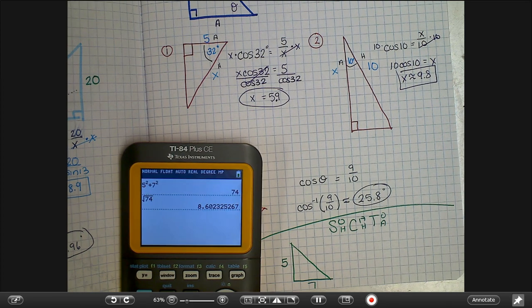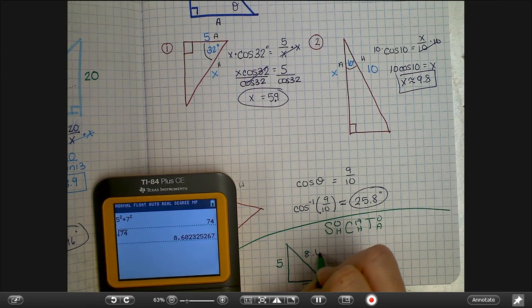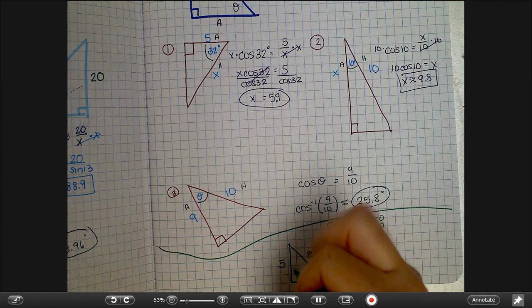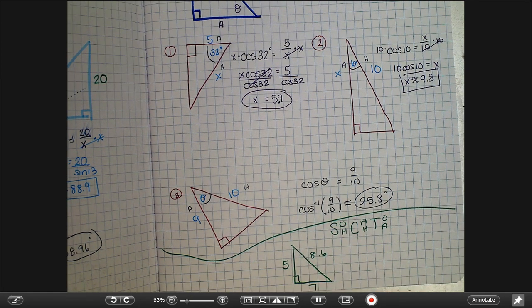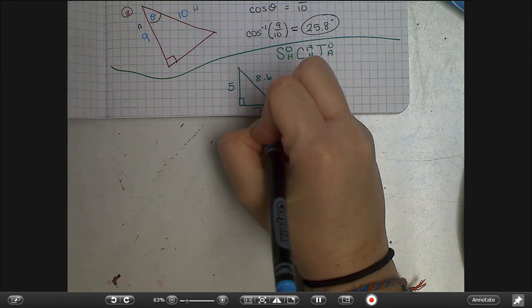I'm just going to put 8.6. Simplified radical would be better, but I'm going to go with 8.6. All right, so we can find all of the trig functions using this one right triangle. But first, we just have to decide which angle we're going to base off of. So we're going to base it off of this angle.